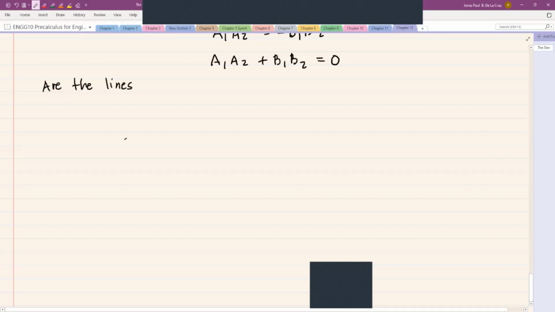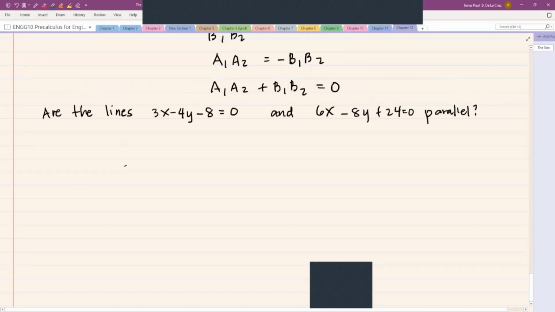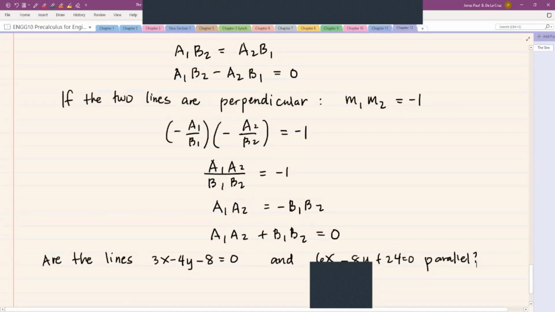Are the lines 3x minus 4y minus 8 equals 0 and 6x minus 8y plus 24 equals 0 parallel? Yan, tinatanong, parallel ba itong dalawang lines na to? So let's go back to the property.